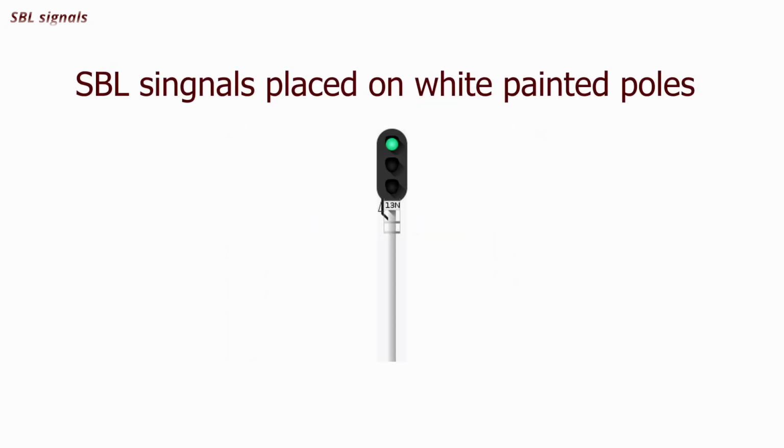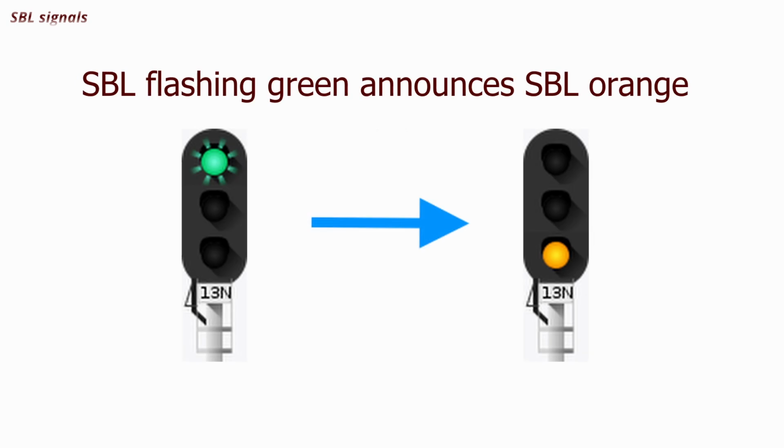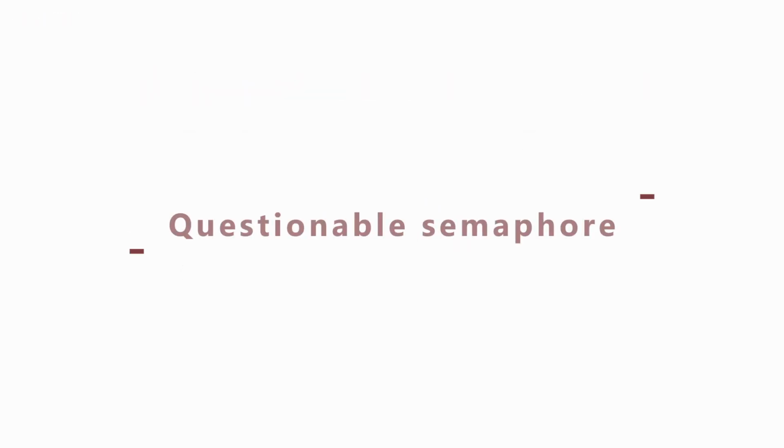SBL semaphores are placed on uniformly white painted poles. For our purposes, we can assume that all SBL semaphores work as warning signals except for the flashing green light signal. On SBL, it will not indicate the next semaphore with the speed limit of 100 km/h, but will mean that the next SBL semaphore is orange.